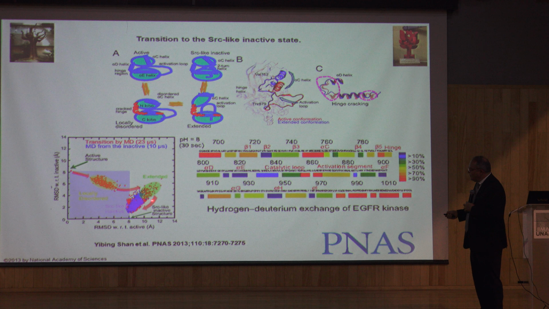So this is a way that probabilistic transitions between different states are used in the cell by having hundreds or thousands of these proteins to make up an all or nothing response in cells. So, yes.